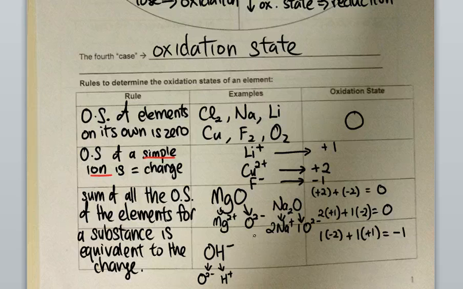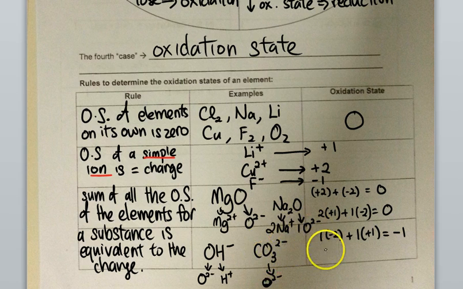We can try another one. A good example would be a carbonate, CO3 2 minus. Interestingly, we know that oxygen is always 2 minus. This is always an O2 minus. So we don't know the oxidation state of carbon.